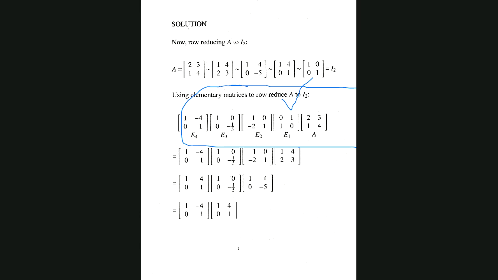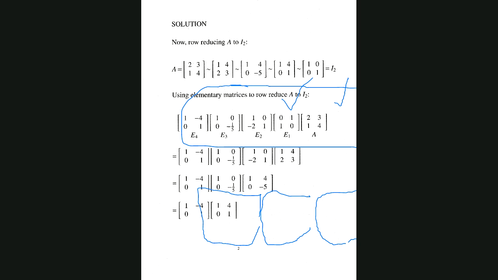The second row operation that we did to get 1, 4, 0, negative 5, the elementary matrix that'll do the job there is E2. Then you've got the 2 remaining row operations. This is something you're probably going to have to look at a little bit. I'm just trying to give you a feel for it.